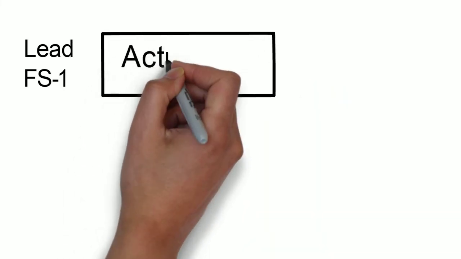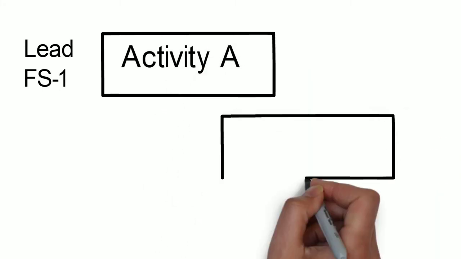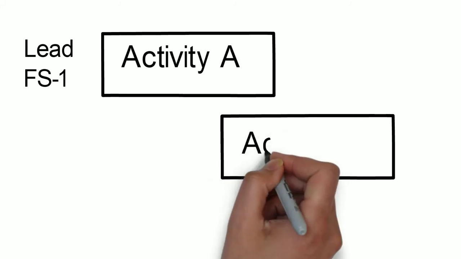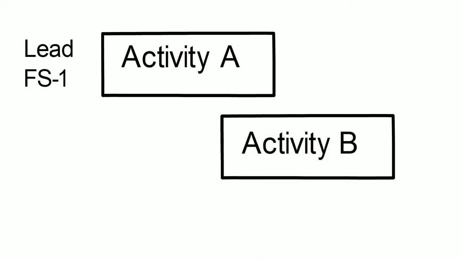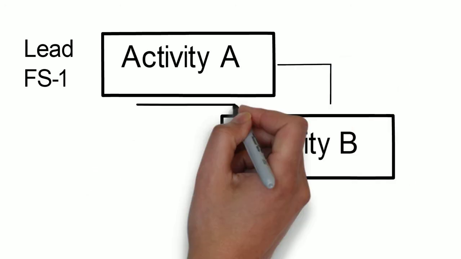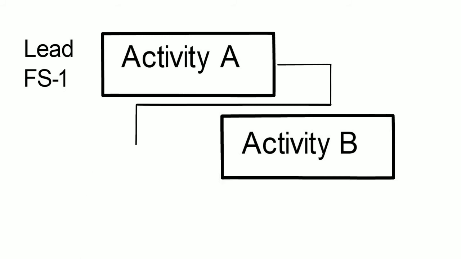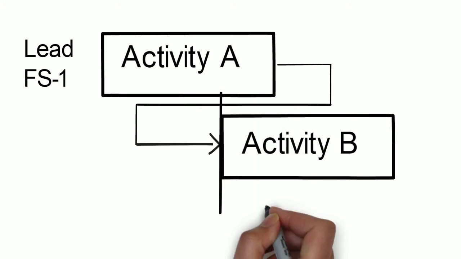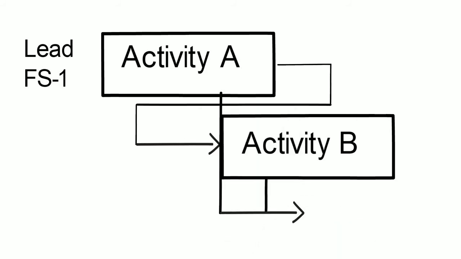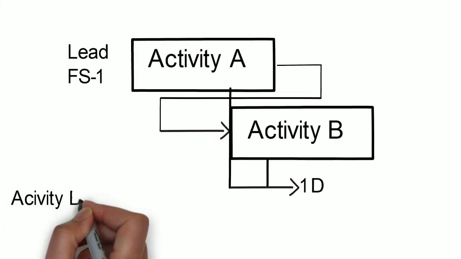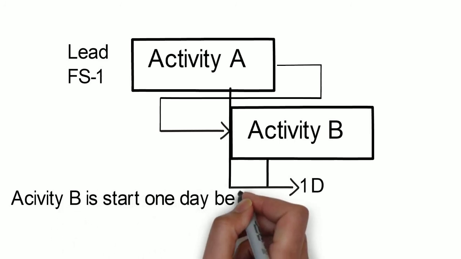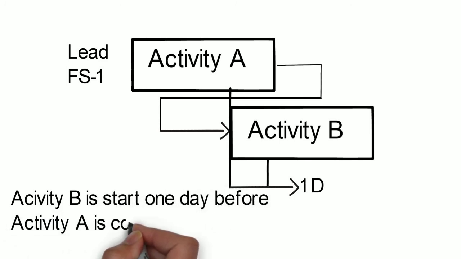Let us consider activity A and activity B. Activity B will start one day before the completion of activity A. Arrow represents the relationship. D represents the days. Activity B starts one day before activity A is completing.